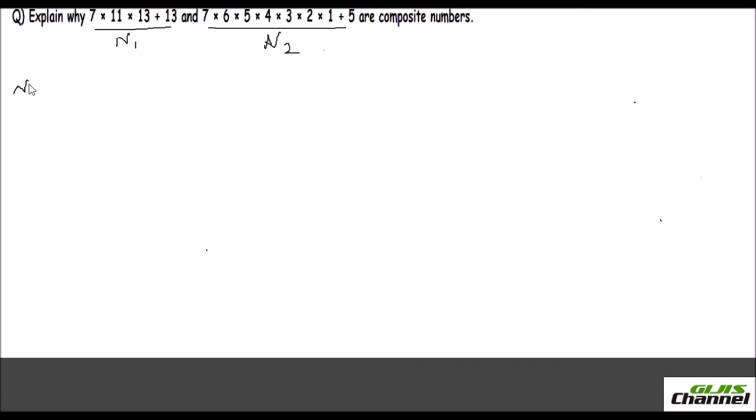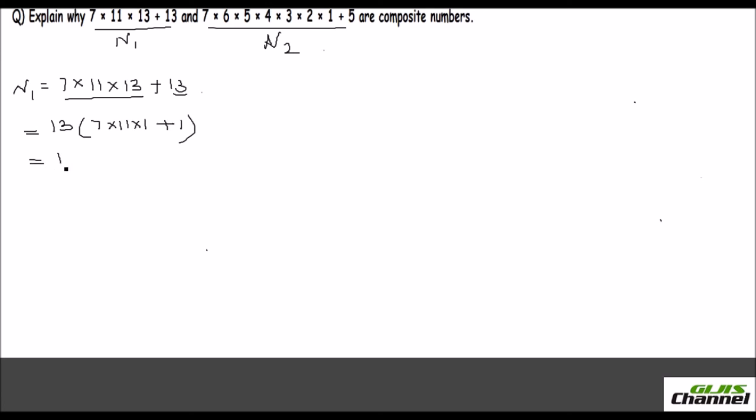So now n1 is 7 times 11 times 13, look at the signs in between, all this is times, and here it is plus 13, okay? So you have this as one term and this is another term. So I take the common factor 13 out. So this will be 7 times 11 times 1, plus 1, because 13 is taken out.